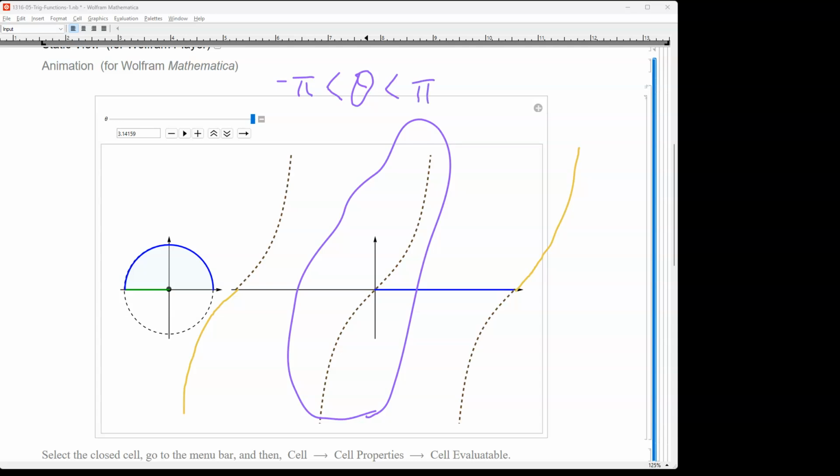Oh, no, I said it wrong. Not negative pi to positive pi. Negative pi over 2 to positive pi over 2. Yeah, that's the principal branch here. And the same pattern repeats. Therefore, the period of the tangent function is just pi, not 2 pi.